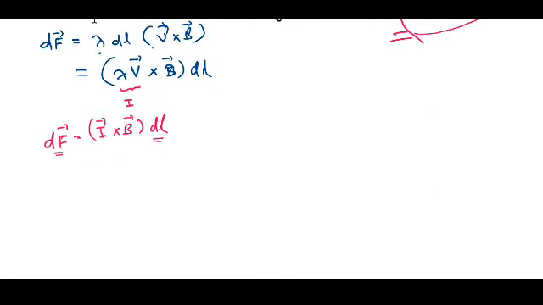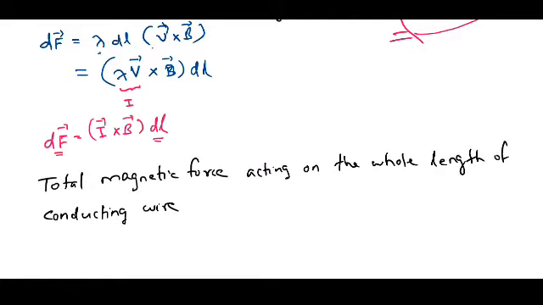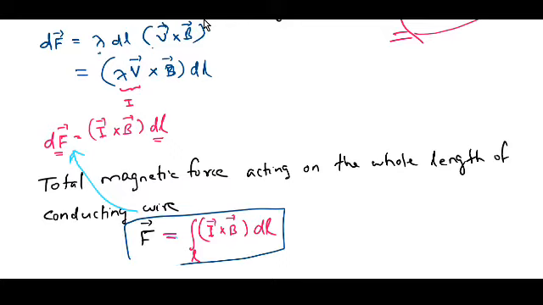The total magnetic force acting on the whole length of the conducting wire is F. We just have to integrate this expression from 0 to L. That is the line integral of I cross B dl. This is the total force on the wire.